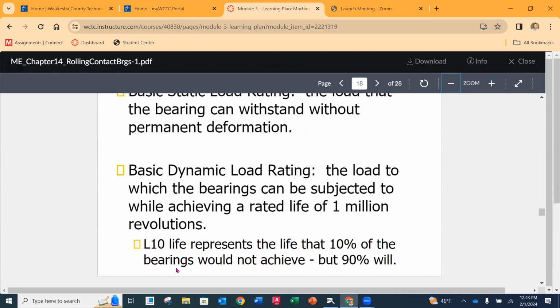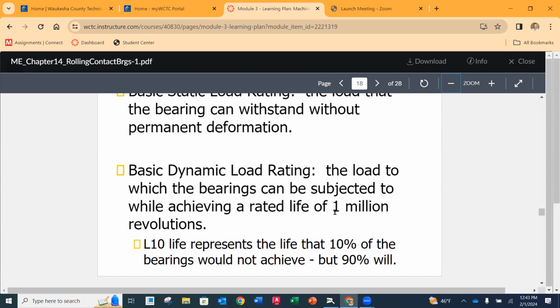You'll notice that it says L10 life. Whatever the dynamic load rating is, it's going to be rated in the catalog, and it means that 90% of those bearings make 1,000,000 cycles with that load.